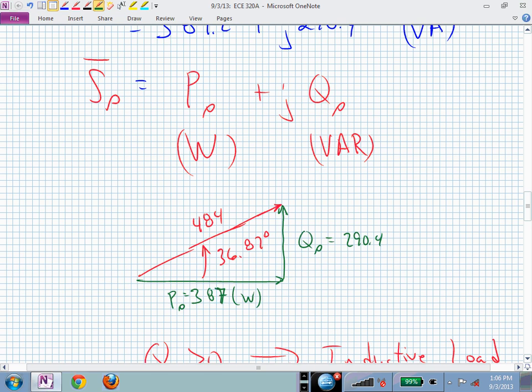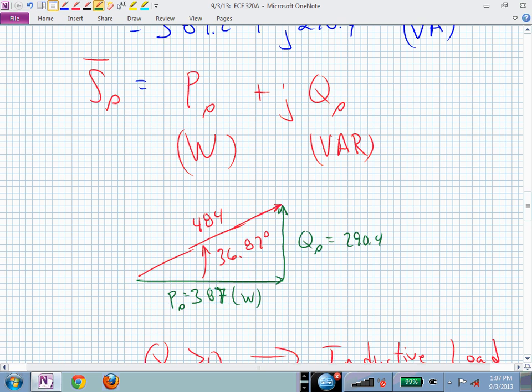We have real power or average power. Where is that on this diagram? That's P, that's the horizontal. We have reactive power. That's Q, that's the vertical. And we have the complex power, which is this line at an angle, because the complex power is a complex number. It's a length at an angle. But if I wanted to find the apparent power, what is that?